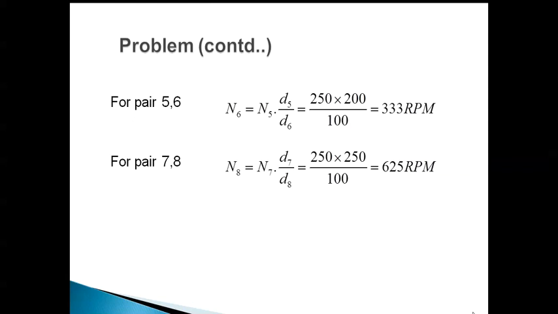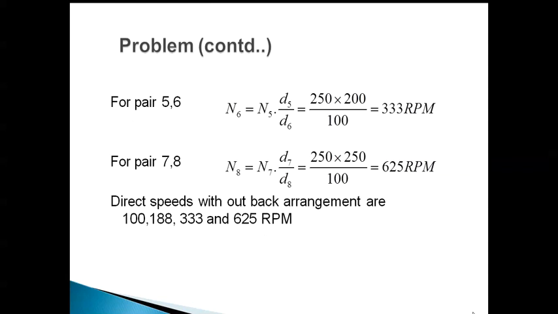So now we got all the speeds. The direct speeds without the back gear arrangement are 100, 188, 333 and 625 rpm, without engaging the back gear here. So next we need to consider the back gear arrangement.